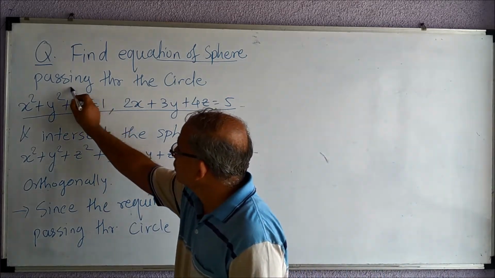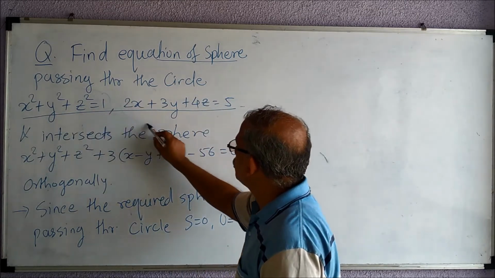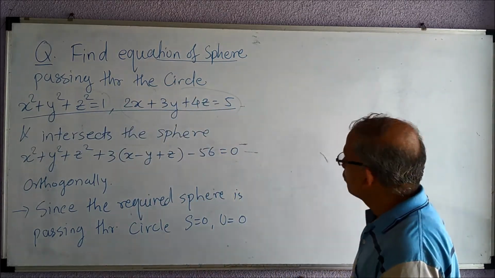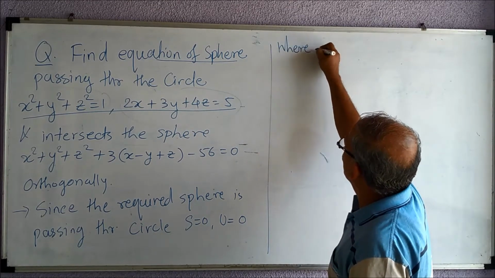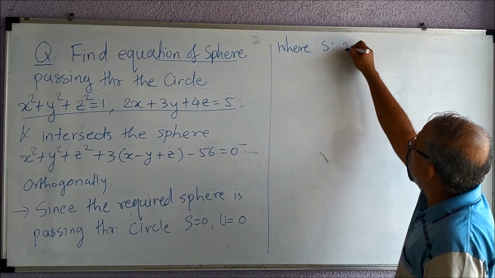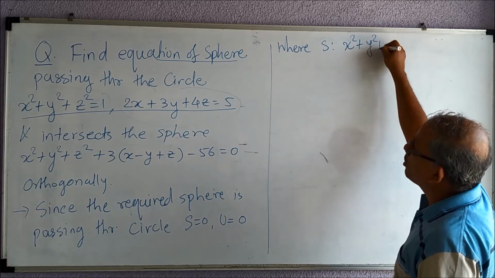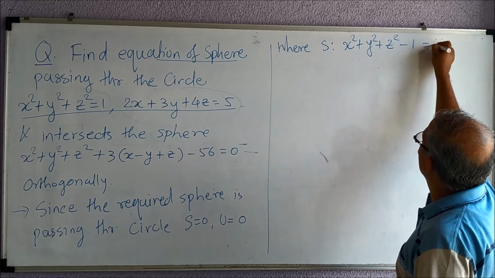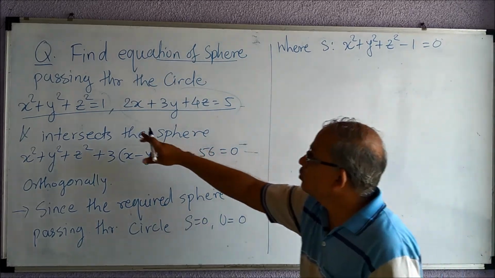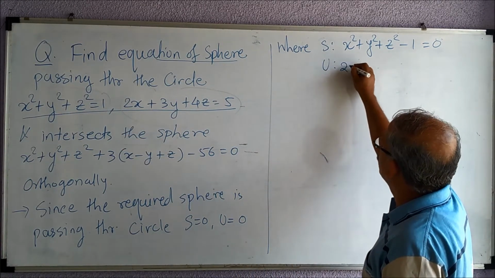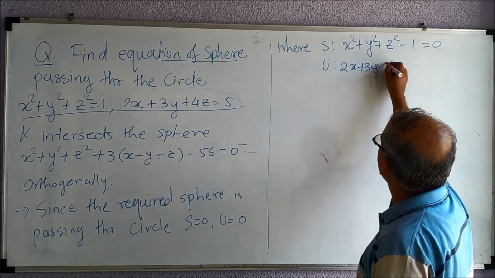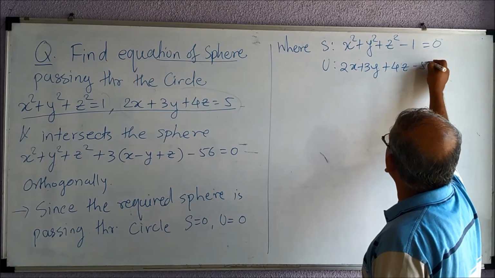This is S and this is U, where S is x square plus y square plus z square minus 1 equal to 0. I have taken this one to this side. And U is 2x plus 3y plus 4z minus 5 equal to 0.